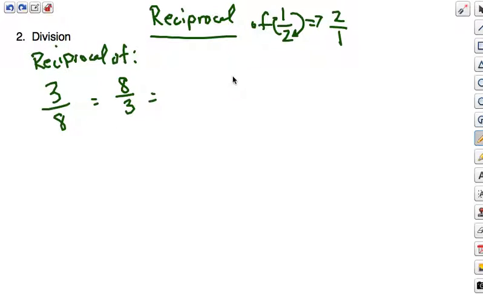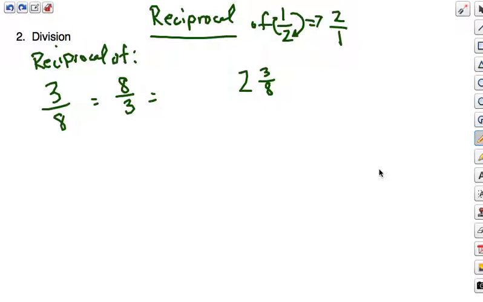One more. Let's say we want to find the reciprocal of a mixed number, 2 and 3/8. In order to find the reciprocal, we first have to convert it into an improper fraction.